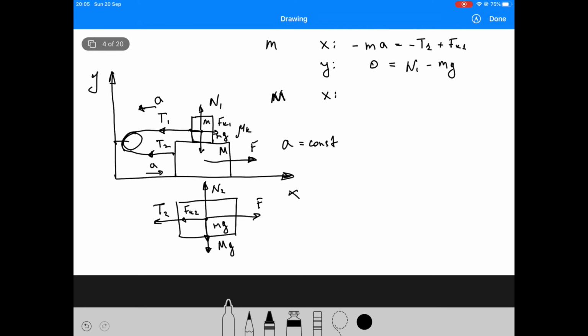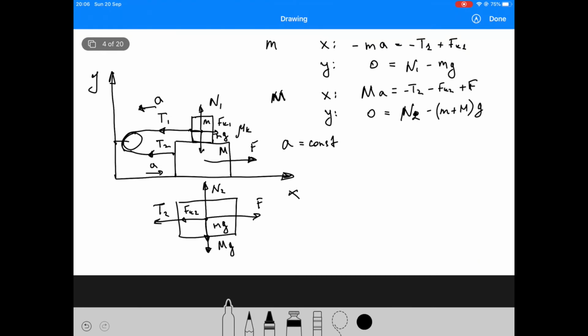For X coordinate we have Ma equal to minus T2 minus F kinetic friction 2 plus driving force F. Then for Y we also have 0, which is equal to N, sorry, it's N2, which is the sum of weights of both bodies, minus (m plus capital M) g.